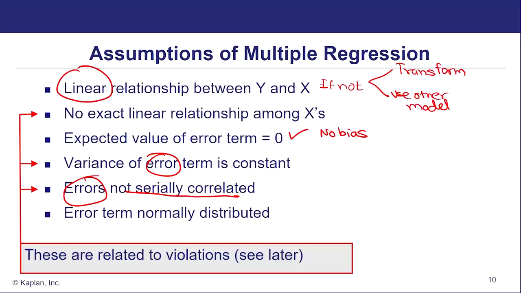The last one is the error term. The residuals are themselves normally distributed. It's important. Why? Because we are going to rely on hypothesis testing. So two types of hypothesis testing are covered. One is the single coefficient test, the t-test, which you did at level 1. There is no coverage of it in level 2.